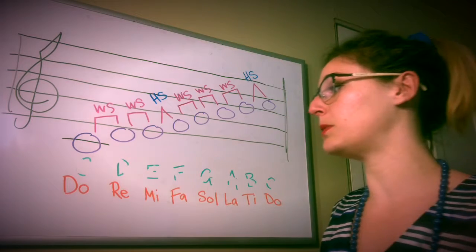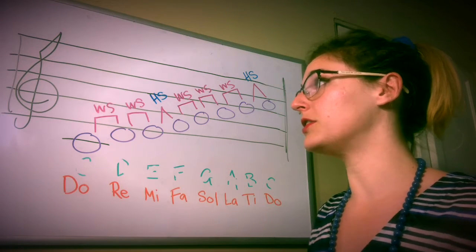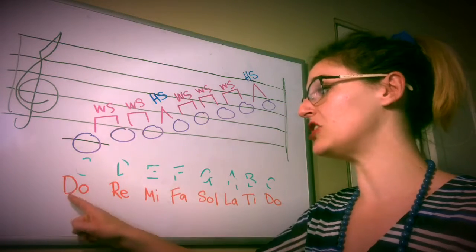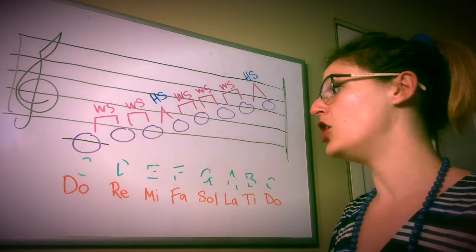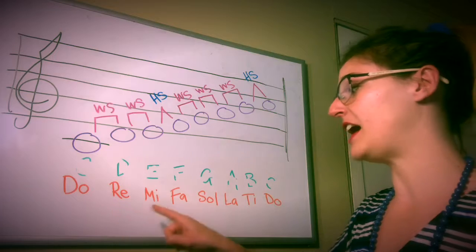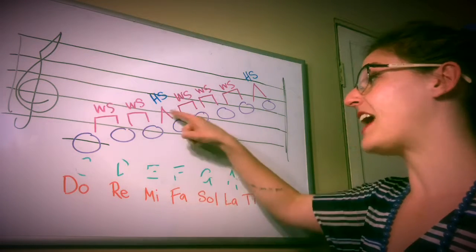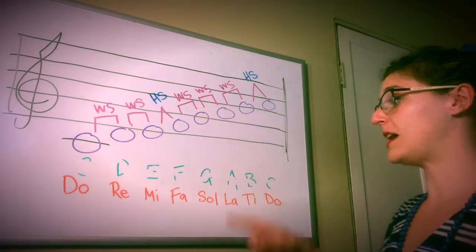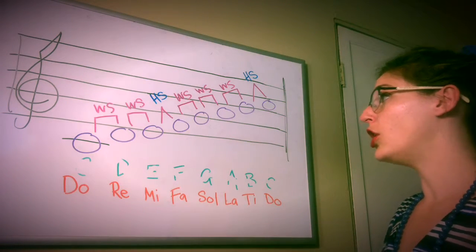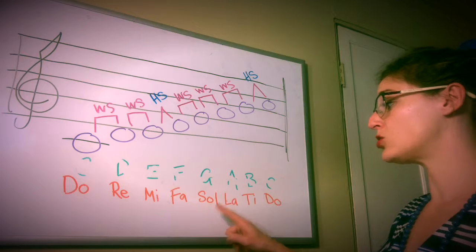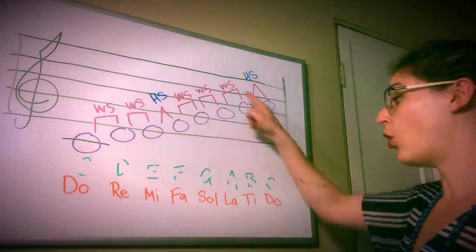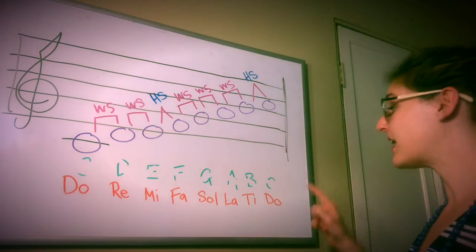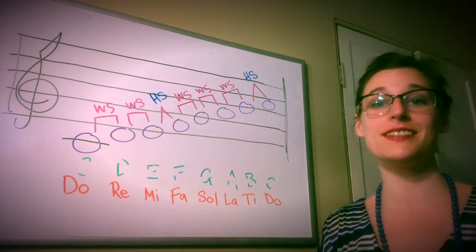Regardless of the specific pitches, you need a whole step between do and re, a whole step between re and mi, a half step between mi and fa, a whole step between fa and sol, a whole step between sol and la, a whole step between la and ti, and a half step back up to do every time.